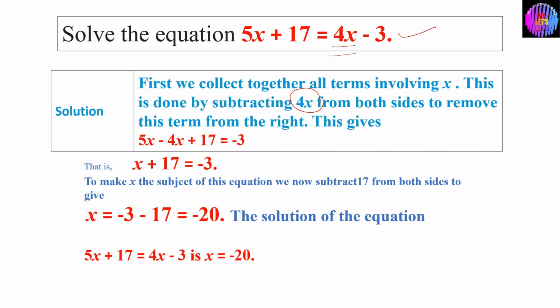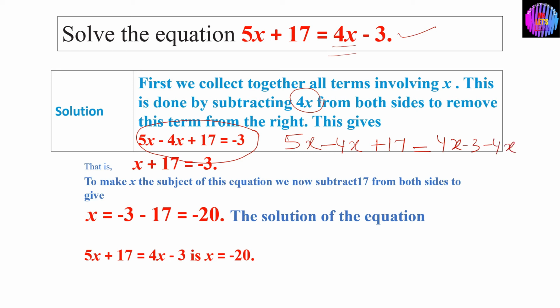That means we will get 5x minus 4x plus 17 is equal to 4x minus 3 minus 4x.